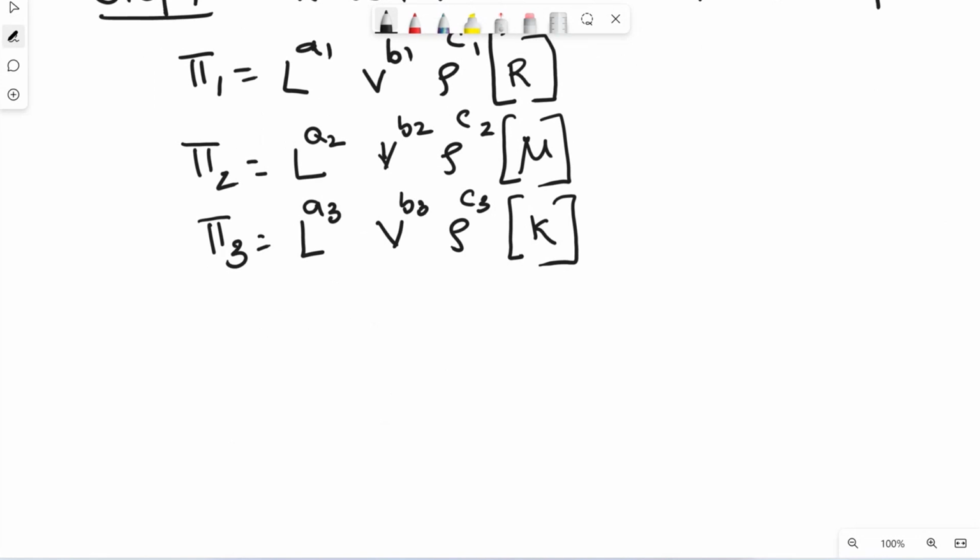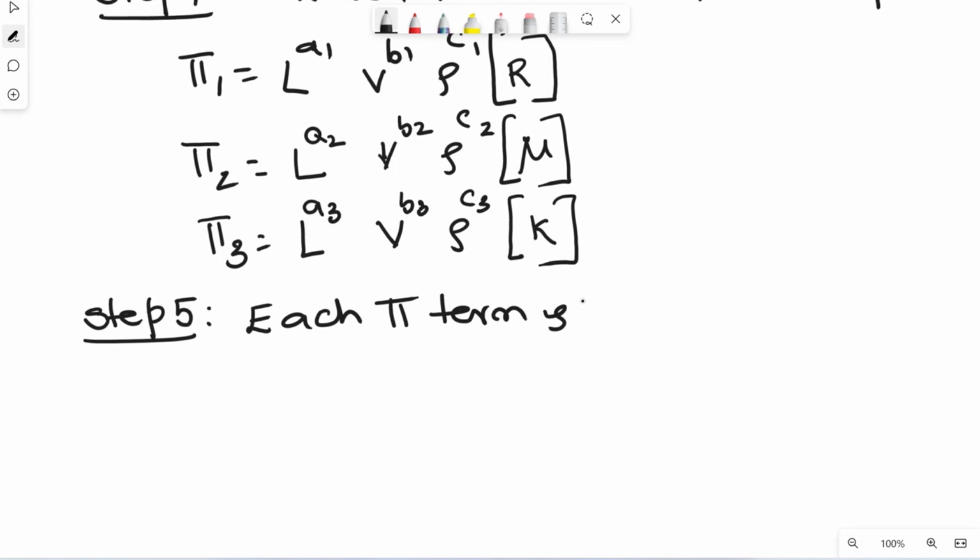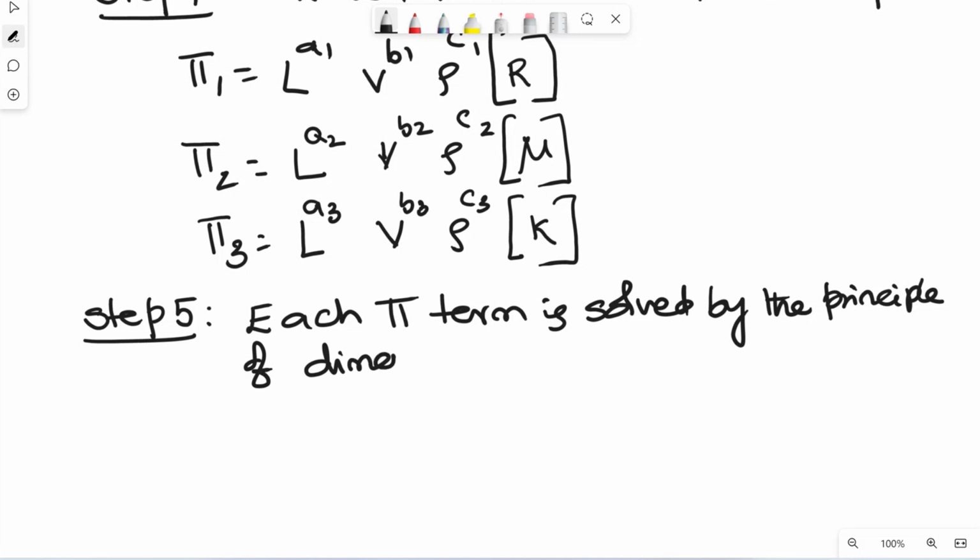Now in step 5, you take each pi term, and each pi term is solved by the principle of dimensional homogeneity.